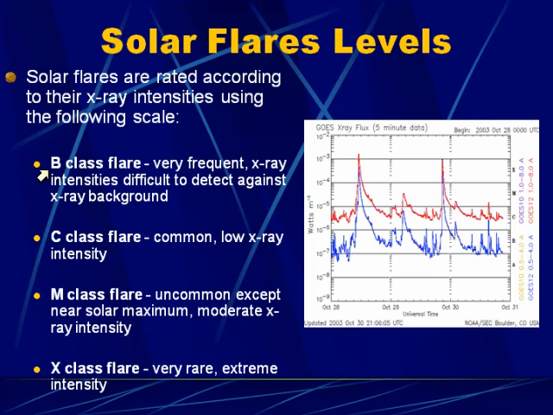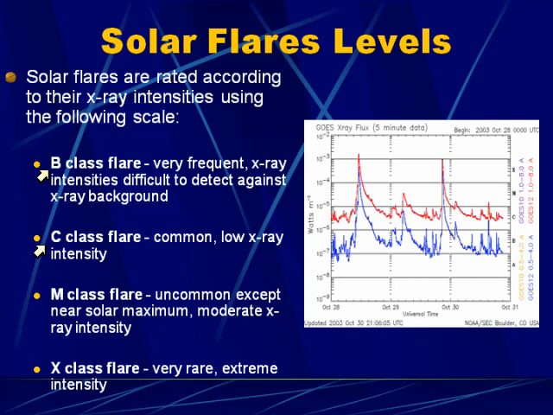B-class flares are about an order of magnitude greater. They're very frequent. Their X-ray intensities are difficult to detect against the general X-ray background because, again, the sun is constantly generating X-ray noise due to the movement of these different granules or due to very minor activity in solar flares.